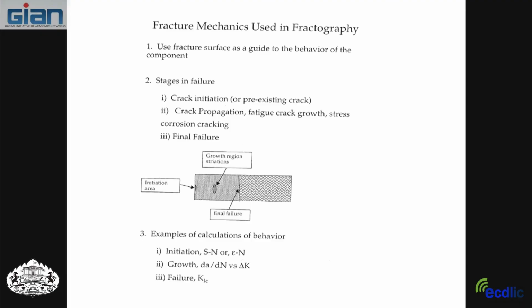Anyway, we do this fractography, and I like to show them how you can use fracture mechanics and get a quantitative answer. So we're going to use fracture mechanics as a guide to do this, and my problem is going to have an edge crack body that has this look at it.